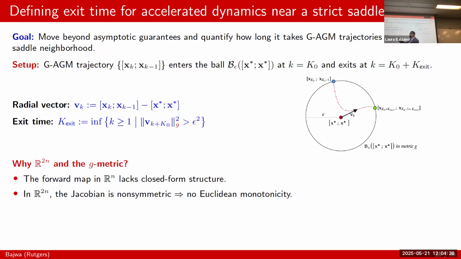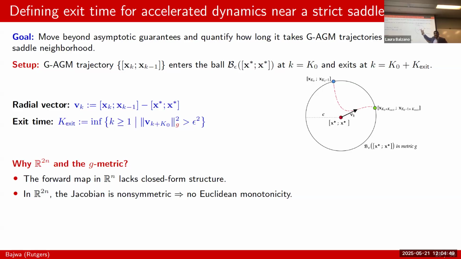And so we can't compute, for example, the Jacobian and talk about that. The other issue about exit time in 2n dimensions, we have the same stuff, right? We are sitting at (x star, x star). We can prove that in 2n, the strict saddle here coincides with the strict saddle in n dimensions.